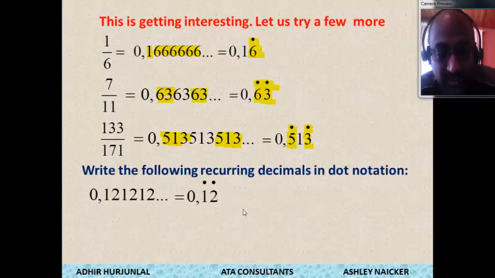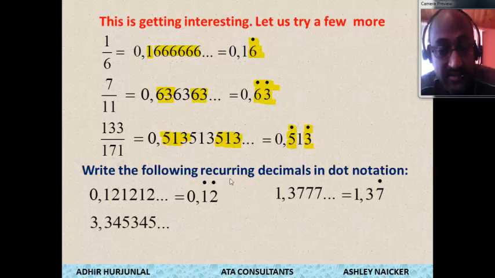The dot above the 1, the dot above the 2. That's good. What about 1,3777? Yes, the 7 recurs. Your answer 1,3 with the dot above the 7 tells me that it is a 7 that recurs.